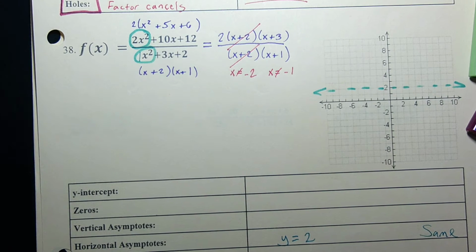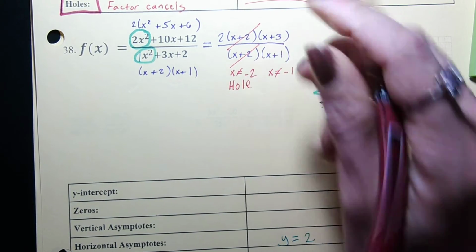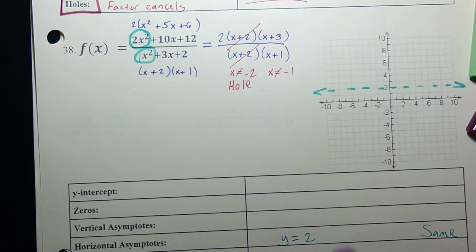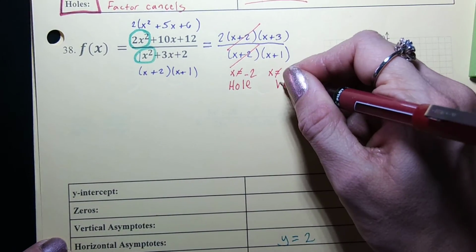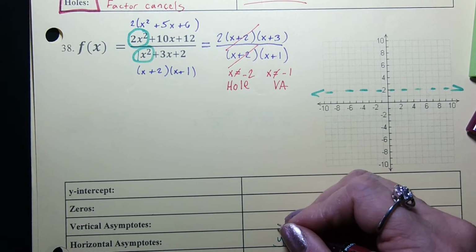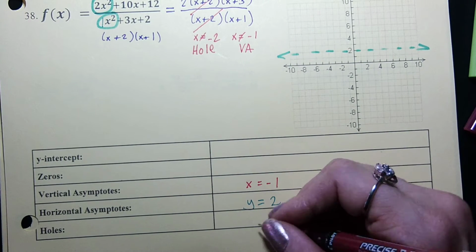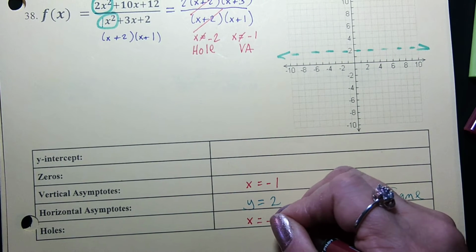The x plus 2 factor, quote unquote, cancels. Remember, quote unquote, because it doesn't actually cancel, because 0 over 0 is not equal to 1. But because it kind of cancels, we will have a hole at that x value. This factor does not cancel, so that will be a vertical asymptote. So we have a vertical asymptote at x equals -1 and a hole at x equals -2.